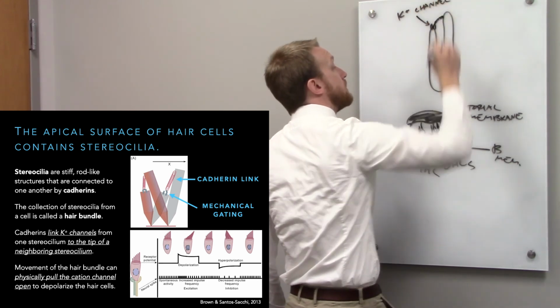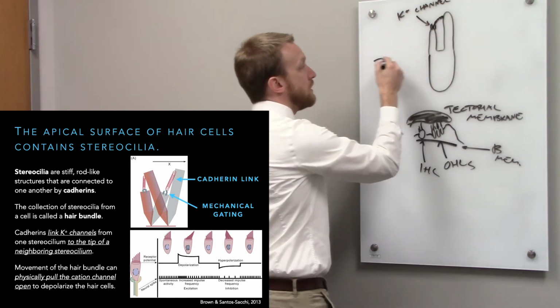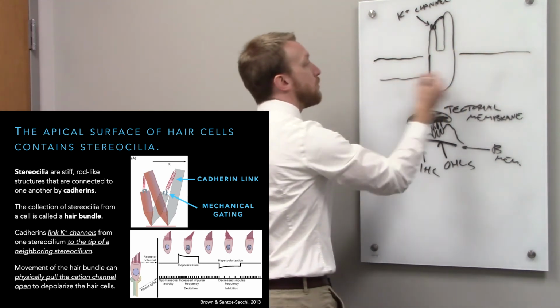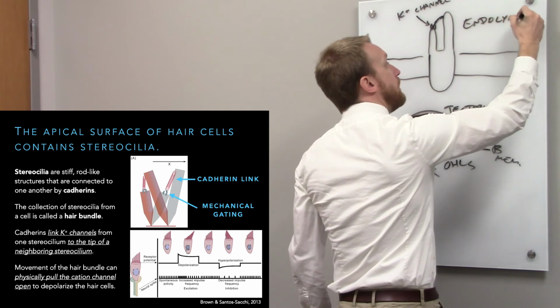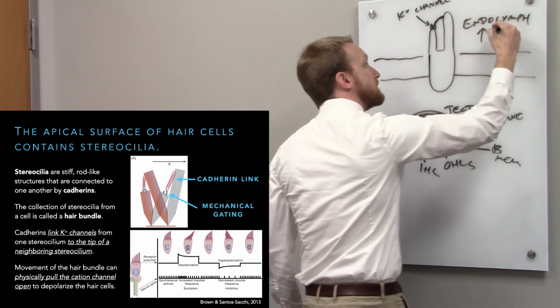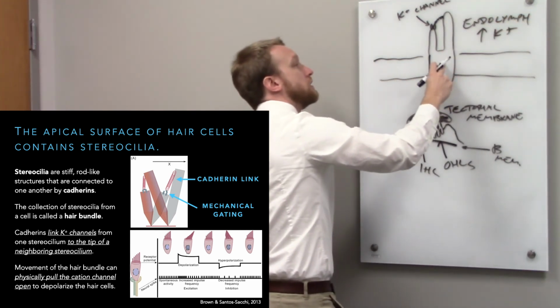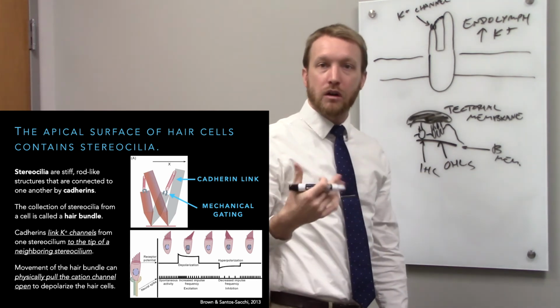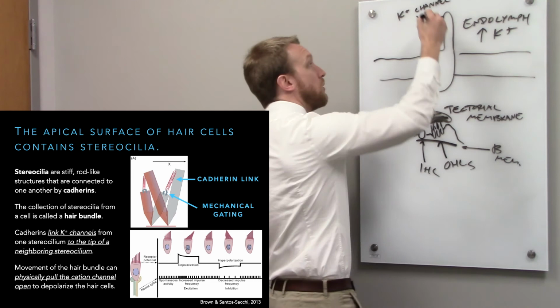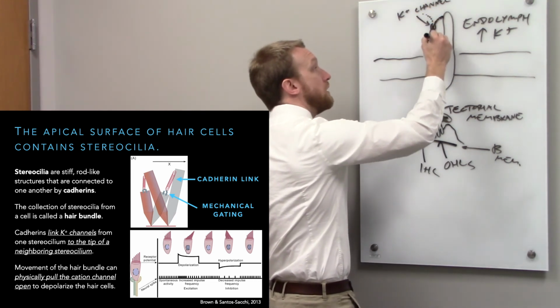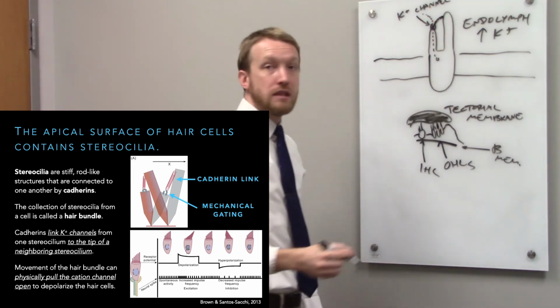Now you're probably thinking this would hyperpolarize, and you'd be right if we weren't sitting in endolymph. Endolymph actually has more potassium than the cell. So potassium reverses at somewhere around 0, positive 4, something like that. So potassium is actually depolarizing. It's going to flow in and depolarize the cell.